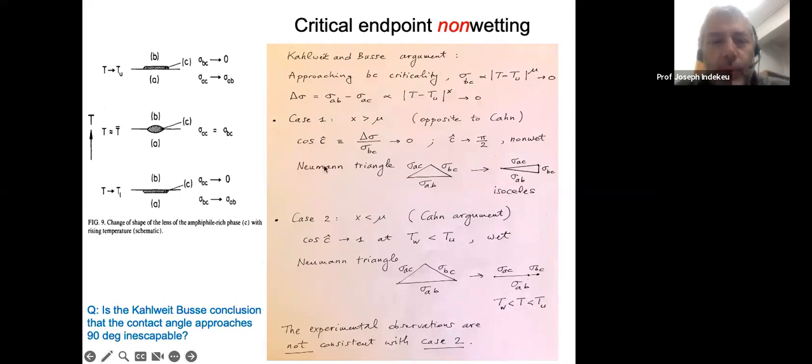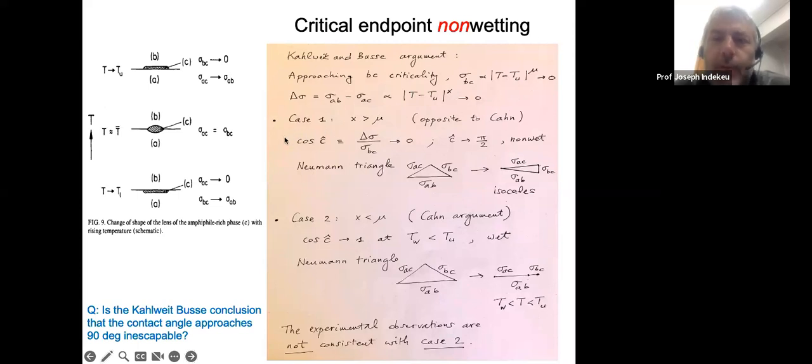It depends on which criticality you're considering, or whether you're considering contact angles that are small or large. So all the possibilities are there. But here we assume for the time being that we don't have to know the sign of this difference, and just that it is proportional to something that, according to the Cahn argument, would vanish with some exponent x.